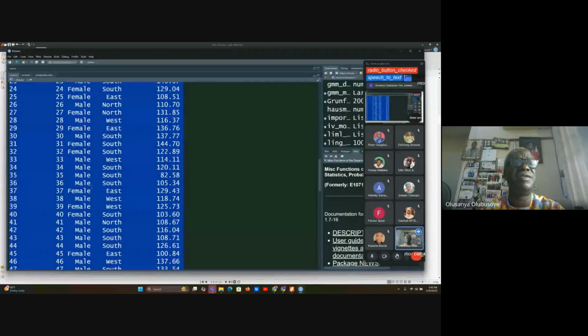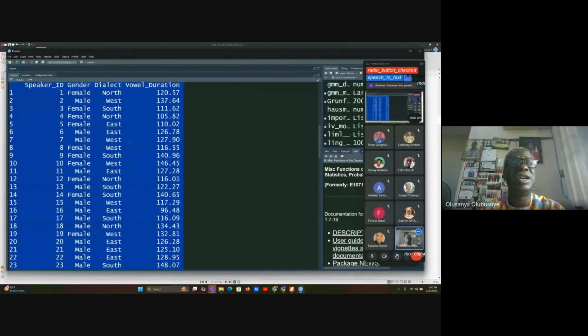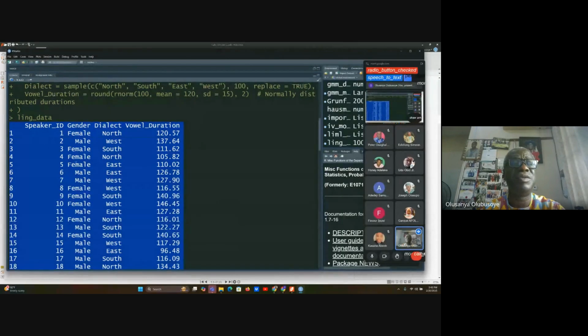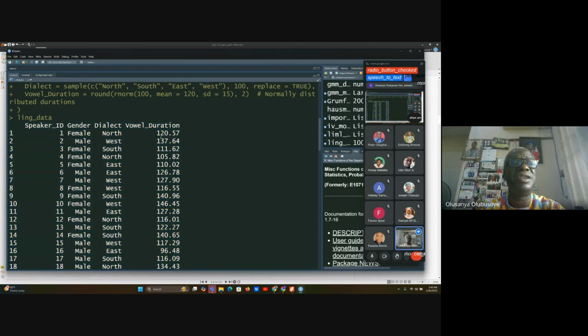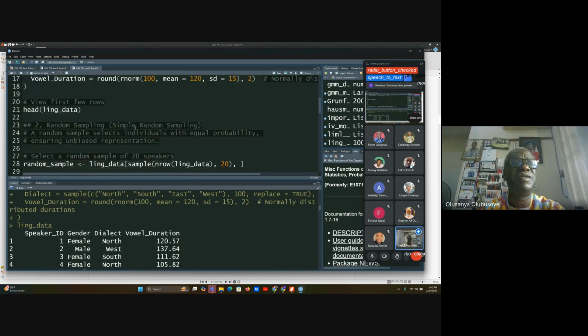There are hundreds of them. And that is the population we are talking about. Let's say now that I'm only interested in just 20 of them for my analysis.